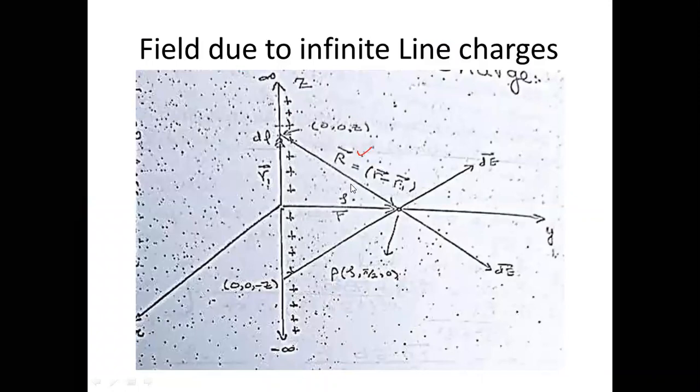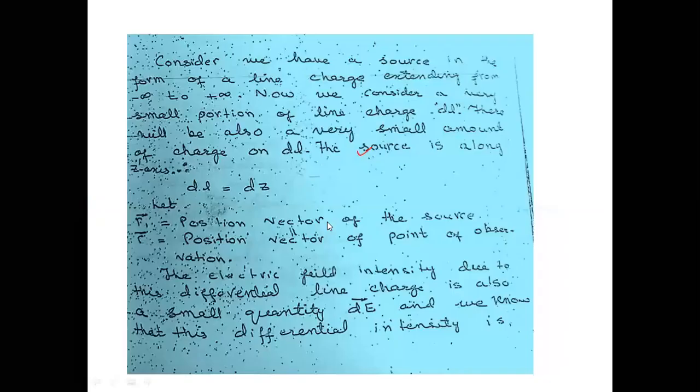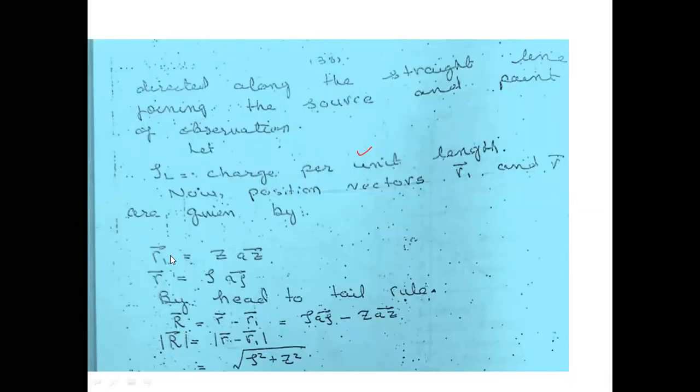Yes, this r is along the rho, so the value for this position vector r1 is equal to z az, and the value for the position vector r is equal to rho a rho. So by head to tail rule we have capital R equal to r minus r1. Now r value is rho a rho, and r1 value is z az.